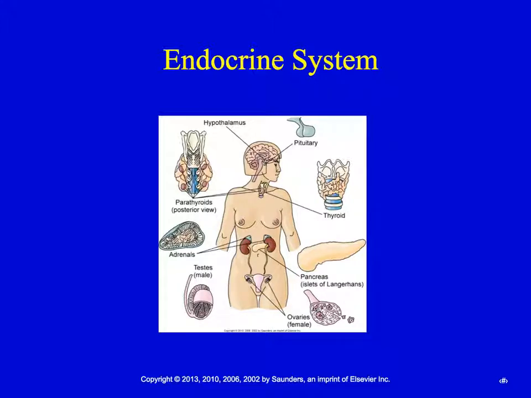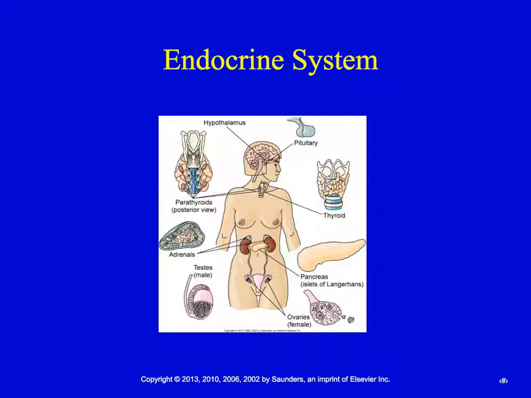All these hormones that are secreted from the endocrine system, they all work to maintain homeostasis in the body. And they work along with the central nervous system as well. So pretty important function that the endocrine system has in order to maintain normal function of all the organs.